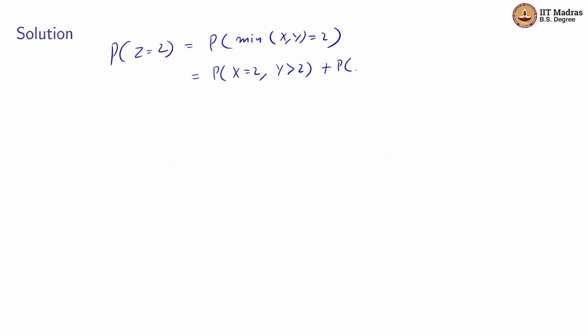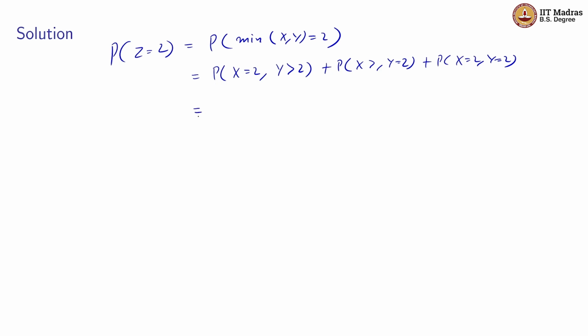The second case is where x is greater than 2, y is equal to 2, and the third case is where x is equal to 2 and y is equal to 2. So the probability that minimum of x and y is equal to 2 will be equal to the joint probability that x is equal to 2, y is greater than 2, plus probability that x is greater than 2, y is equal to 2, plus probability that x is equal to 2 and y is equal to 2.